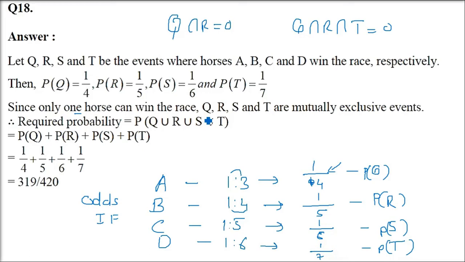So all the intersection terms, whether 2 or 3, will be 0. That is why the union of these 4 will simply be PQ plus PR plus PS plus PT, because all other terms will be 0. Right? So just add them. 319 by 420 will come. Just add all these probabilities.